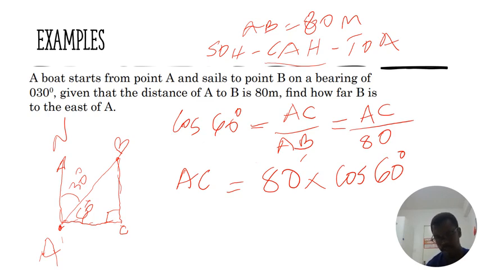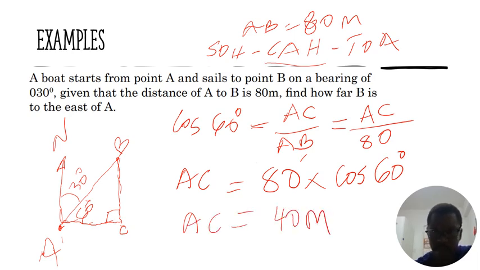Cos 60 degrees is half. If you multiply by 80, that gives you 40, which means AC will be equal to 40 meters. In other words, B is 40 meters away from A as you go towards east.